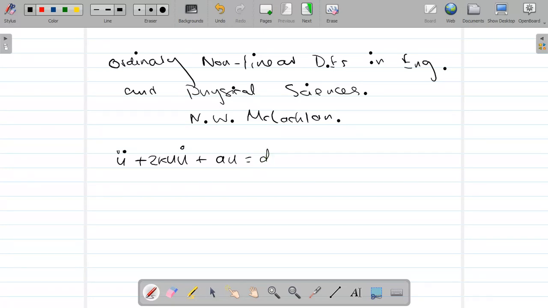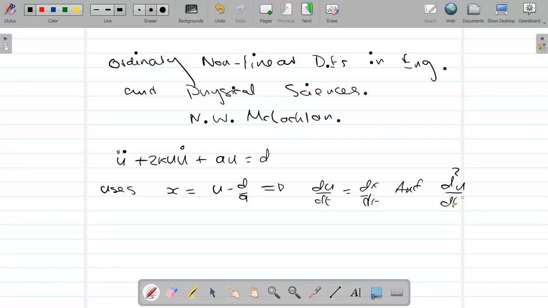And what he then does is use the substitution x equals u minus d over a, from which you can establish that du by dt is equal to dx by dt, and d squared u by dt squared is equal to d squared x by dt squared.